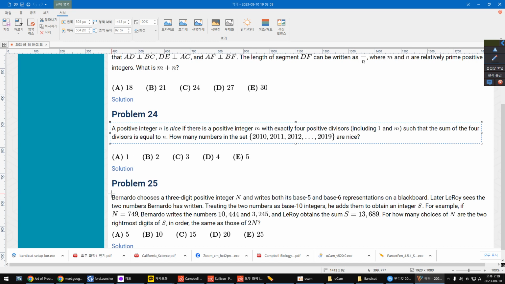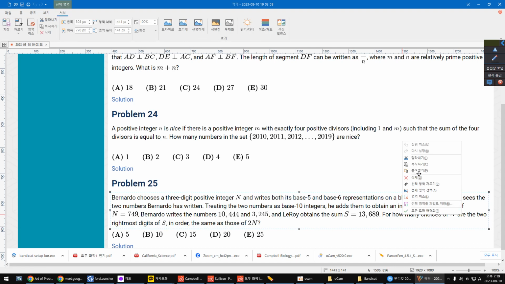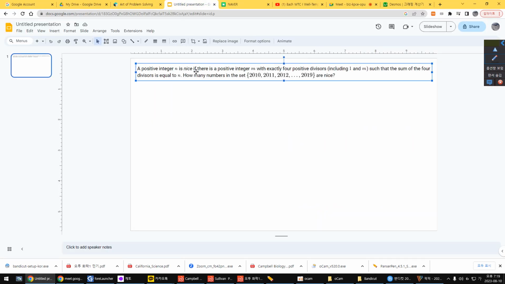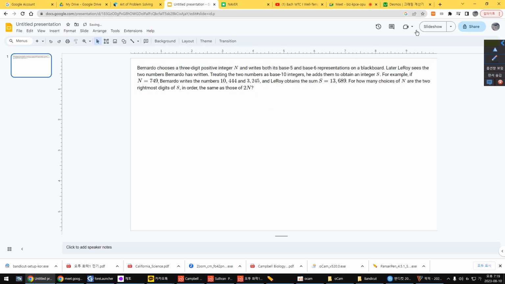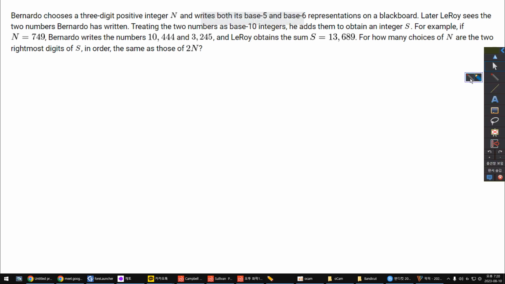And for the last number, we want to change a 3-digit number n to the number with the base 5 and base 6.